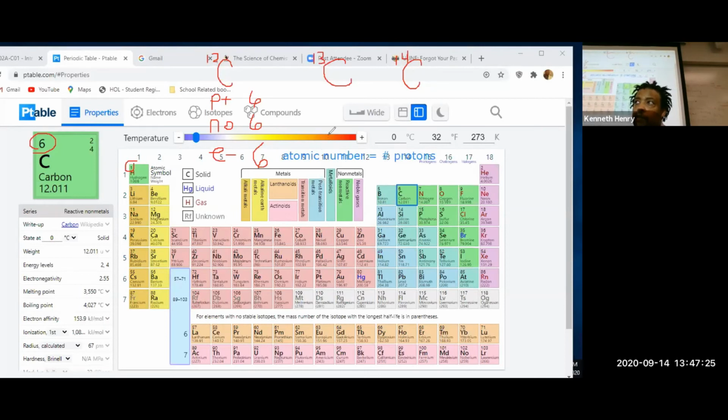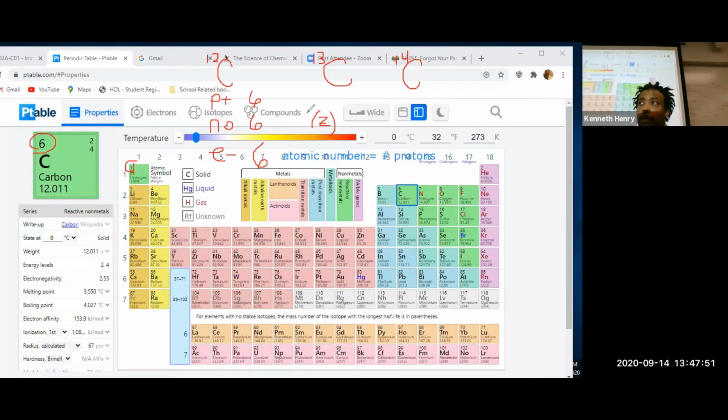Okay, so you'll see these letters. The symbol for atomic number is Z. Often we'll use N for number of neutrons, and A for the mass number, which is this number up here.